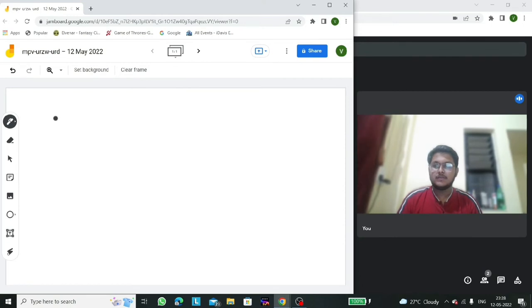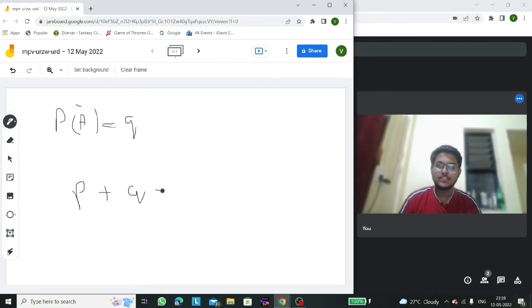And we write probability of not happening of event A as q. So we get the equation: probability of happening of event plus probability of not happening of event is equal to 1.